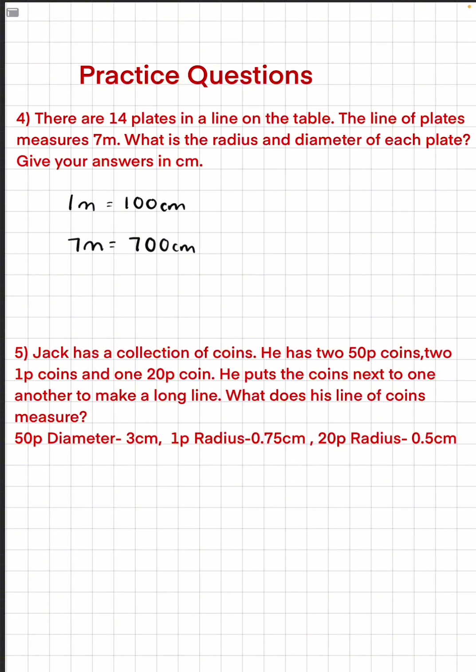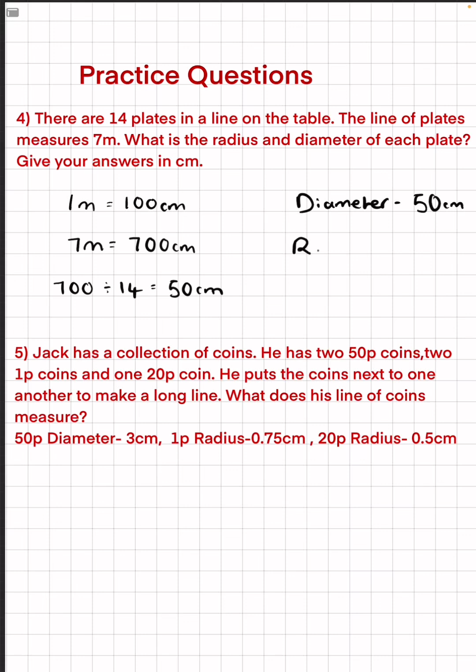To find the diameter of one plate, we need to do 700 divided by 14, which equals 50 centimeters. The diameter of one plate is 50 centimeters.